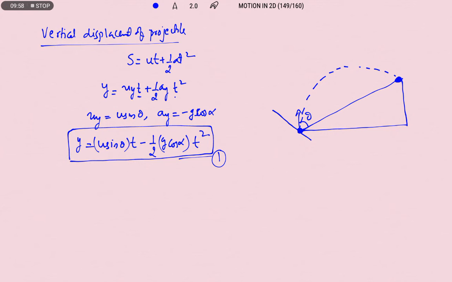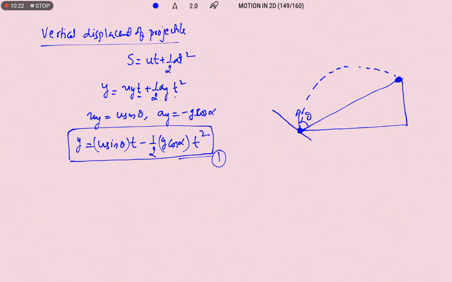So suppose after some time, the projectile reaches the other end of the inclined plane. At this point the vertical displacement is 0. If vertical displacement is 0, then the time taken by the projectile to reach the same level of projection is known as time of flight.